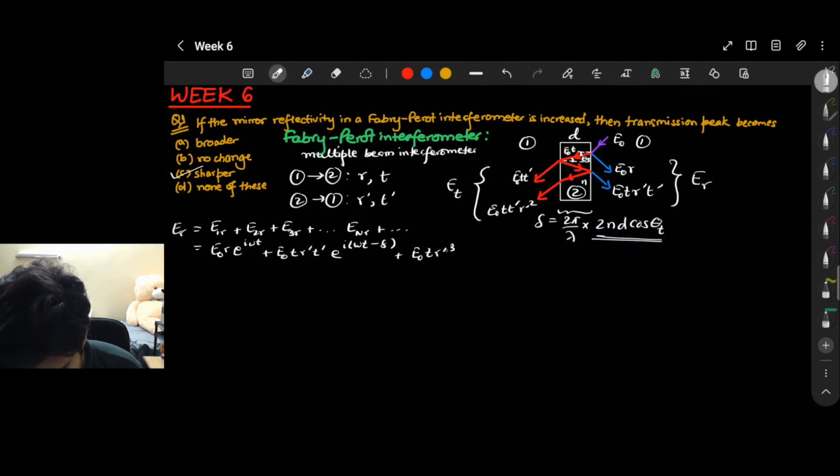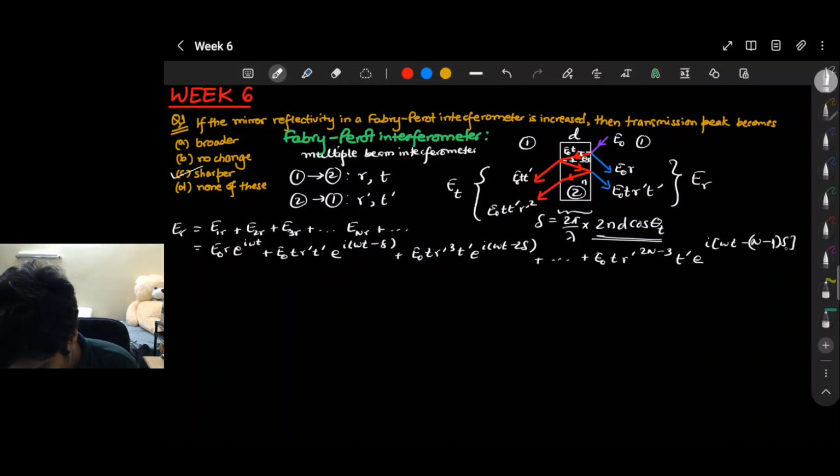This will continue. You can clearly see this pattern. This would be R prime to the power 2n minus 3, and for delta it would be n minus 1, and so on and so forth.